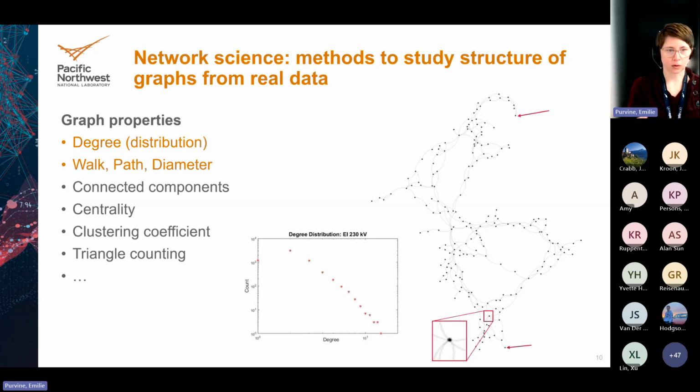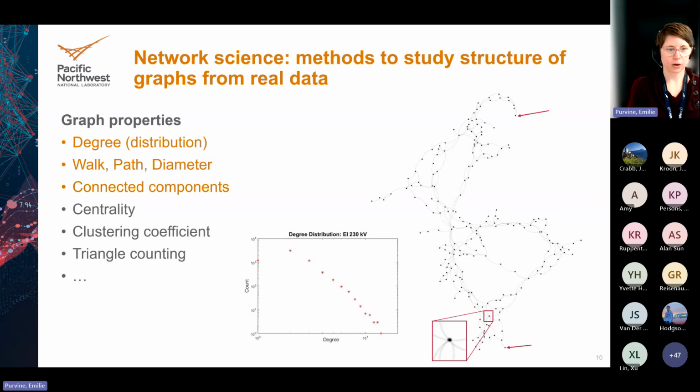So a walk or a path are interesting to identify and follow, and then diameter is the longest shortest path in your network. In this particular example, which is not a cyber example, it's a power grid actually, going from the tippy top to the very bottom is the longest way you could walk without repeating vertices and edges in this graph. Knowing the diameter can sometimes be important.